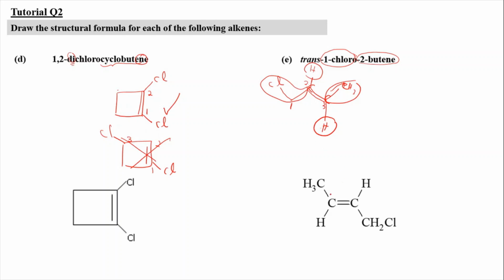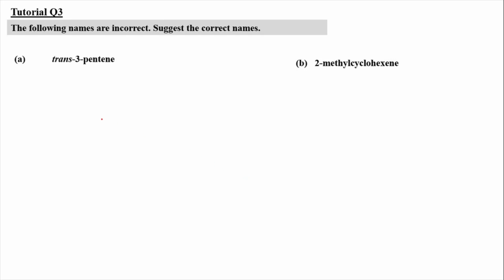Alternatively, you can also draw it this way where you flip the structure. So CH3 is on the left hand side and H is on the left hand side, and H is on the right hand side, CH2Cl is on the right hand side. You can draw it this way or this way, it doesn't matter because it is still the same structure.